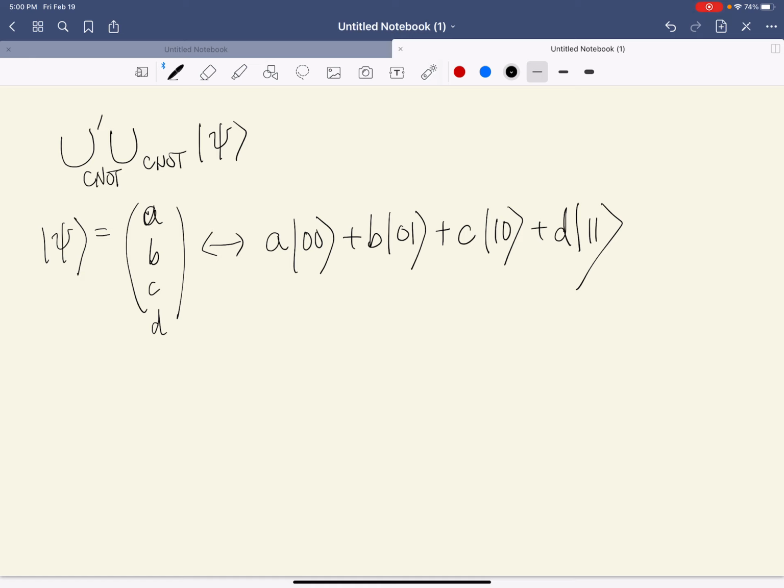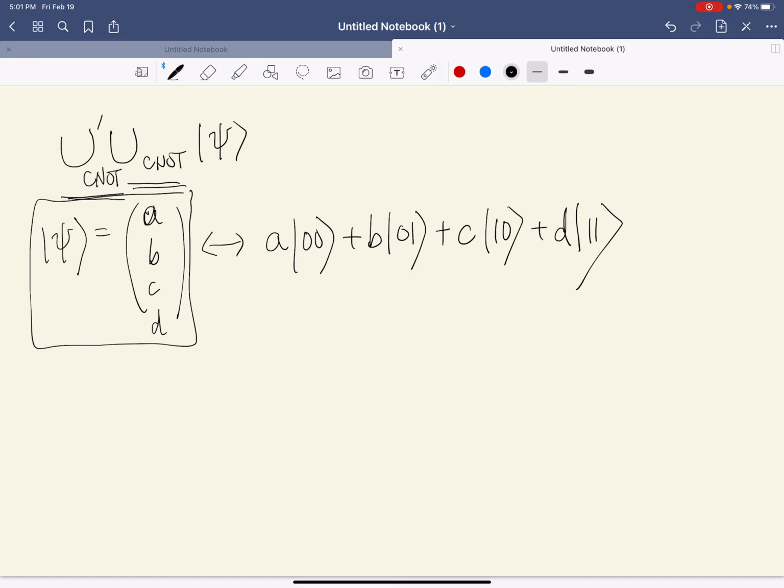So given this initial state, let's say you first apply the conventional Cnot operation, followed by the reversed Cnot operation, where the second qubit is the control and the first qubit is the target.